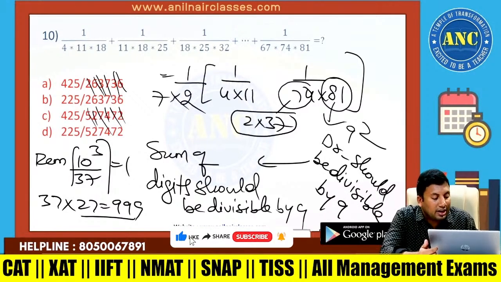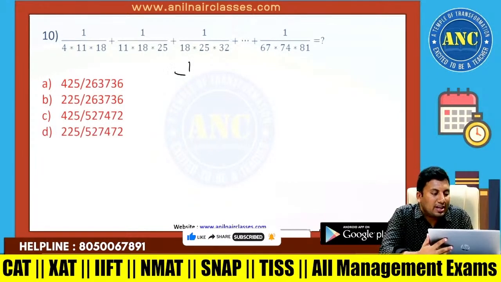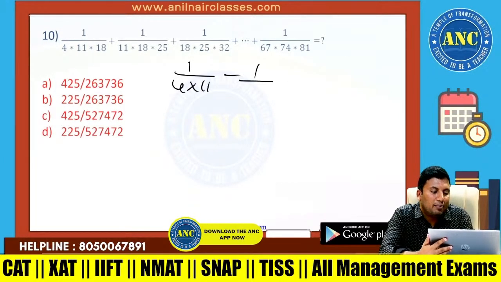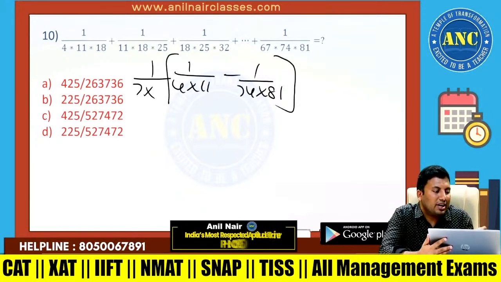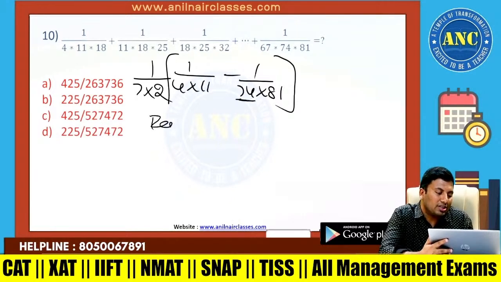So 10 cube divided by 37 is 1. Now listen carefully. What is the answer which I got? 1 by 4 into 11 minus 1 by 74 into 81. 1 by 7 into 3 numerical values will become 10. 74 is nothing but 2 into 37. 10 cube divided by 37 is 1.